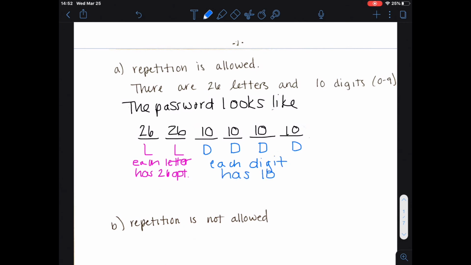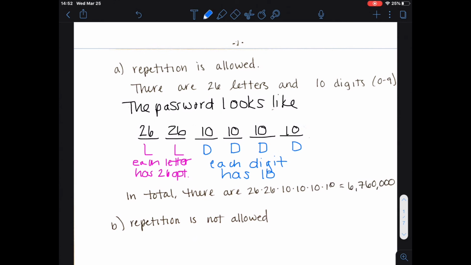To get the total possible passwords, we multiply 26 times 26 times 10 times 10 times 10 times 10, and you have 6,760,000 possible passwords you can make.